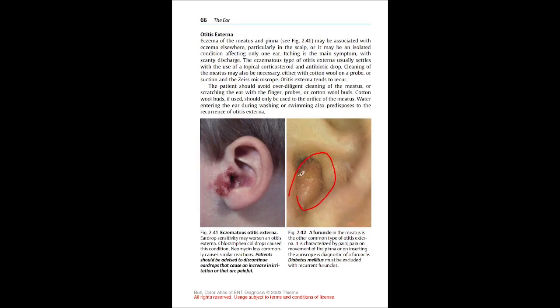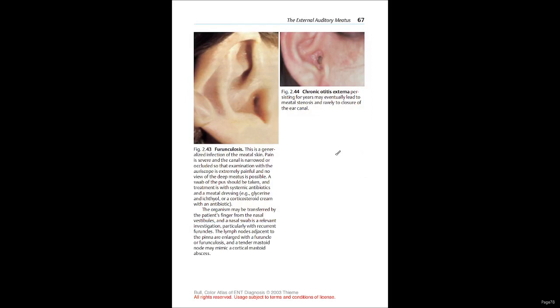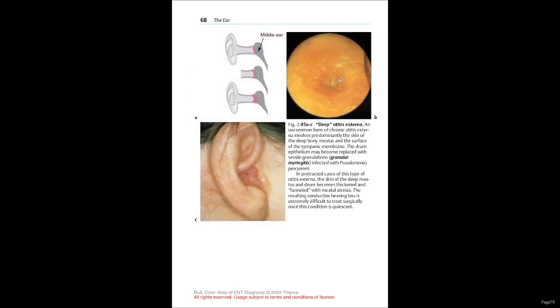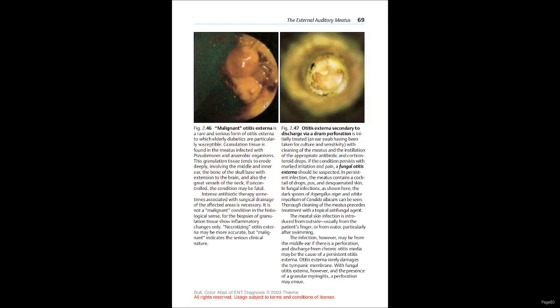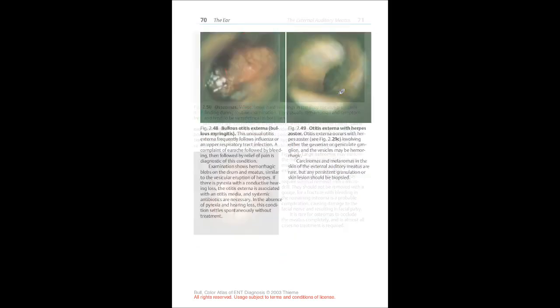This is a furuncle again. Furuncles again. Otitis externa. This is otitis externa as well. Otitis externa. Malignant otitis externa in diabetes patients.